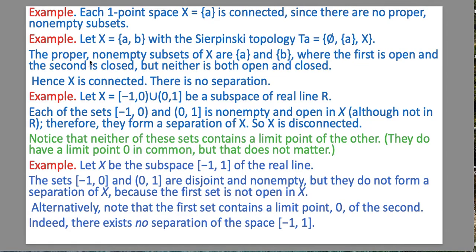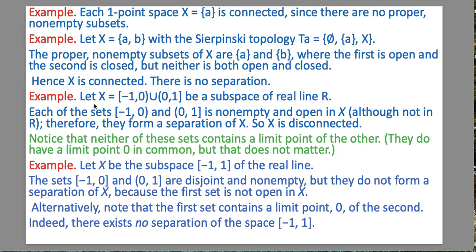The proper non-empty subsets of X are A and B because it contains only two elements A and B. Here A is open because it belongs to topology T, and B is not open because B does not belong to this topology T. So A and B are not both open and closed, because A is open and B is closed. Hence, X is connected. There is no separation.